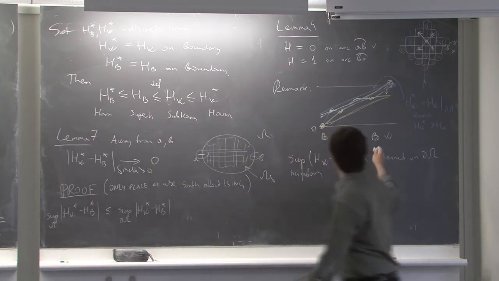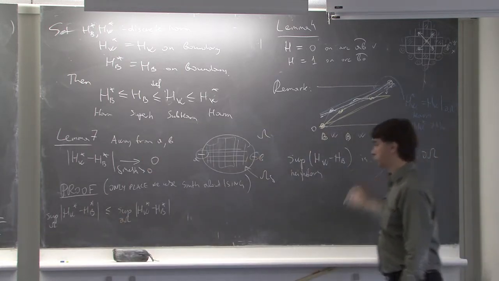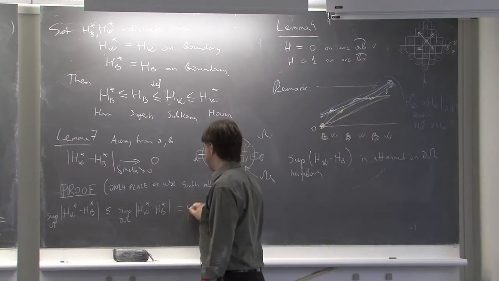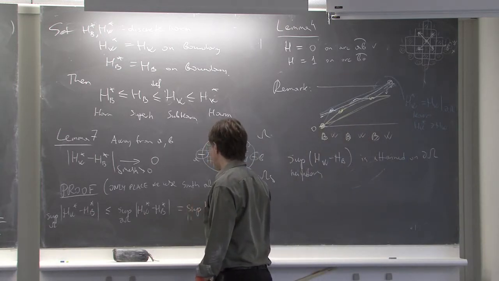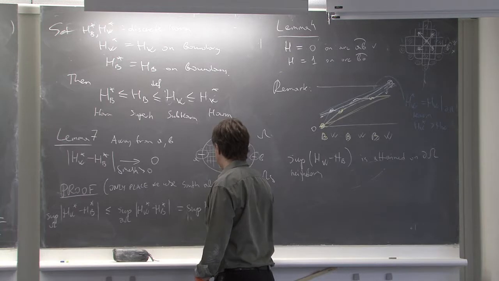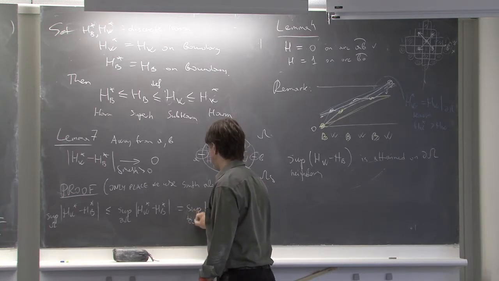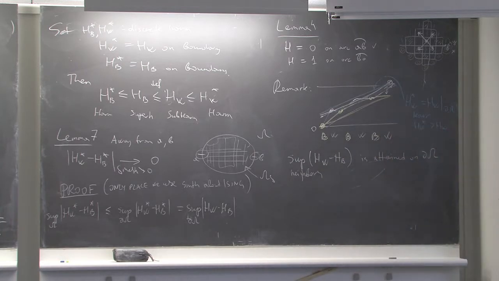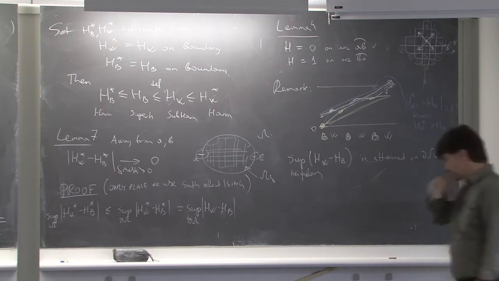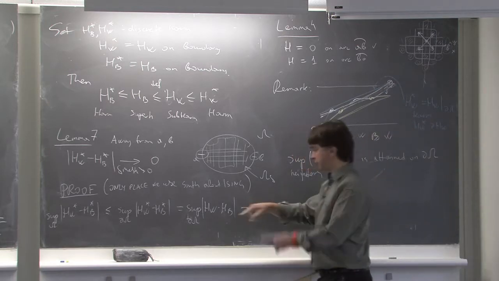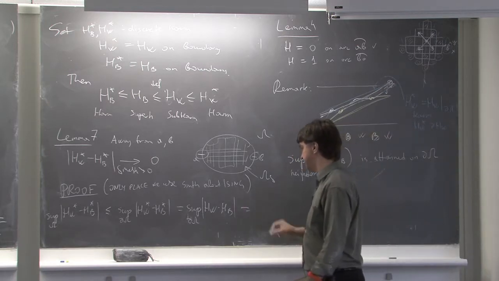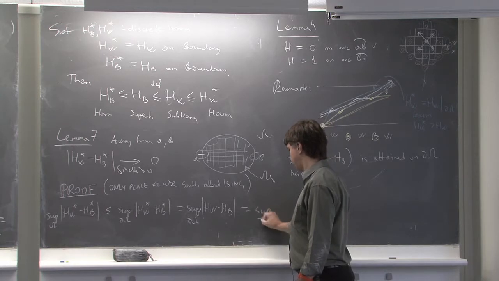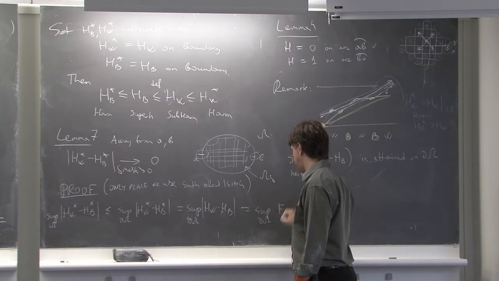Which essentially on the boundary they're equal to the usual functions. So it's just the supremum of HW minus HB on the boundary of omega. And what is the difference of h at two neighboring points? So it's the supremum over the boundary of omega of a function f.